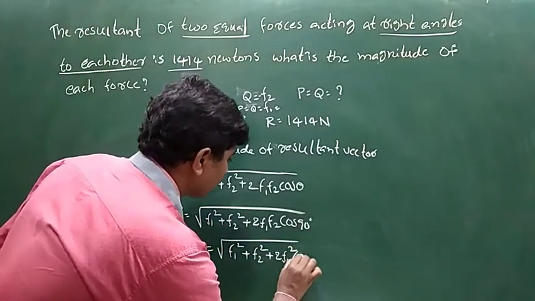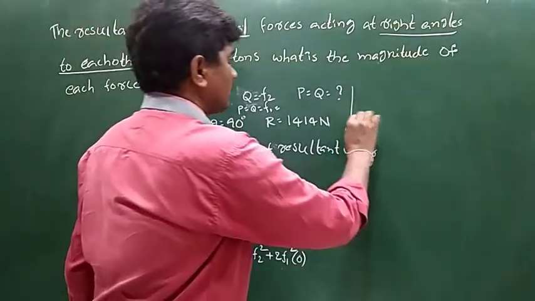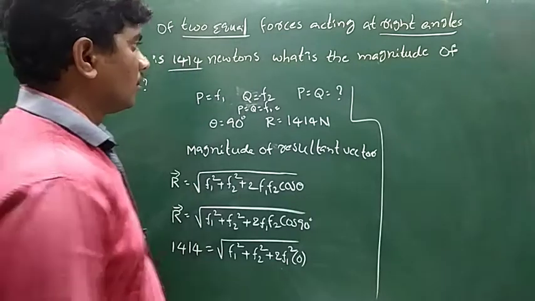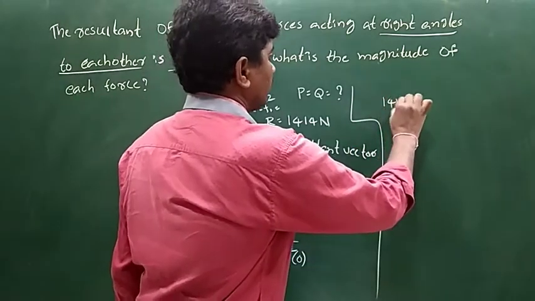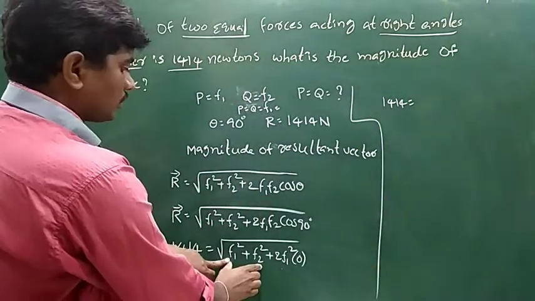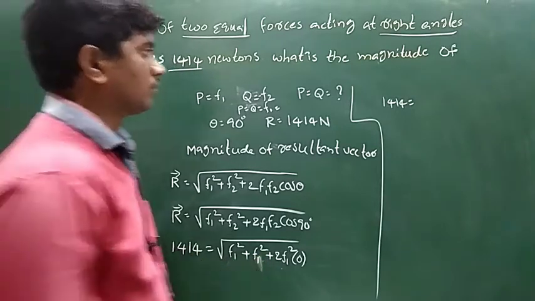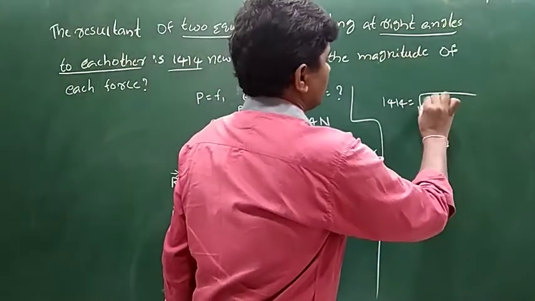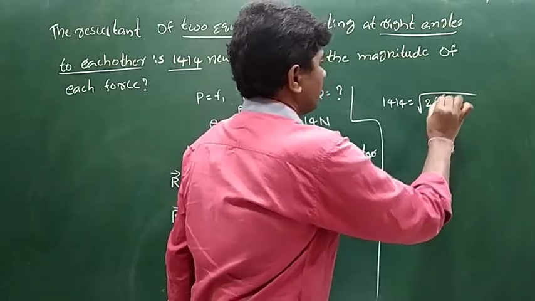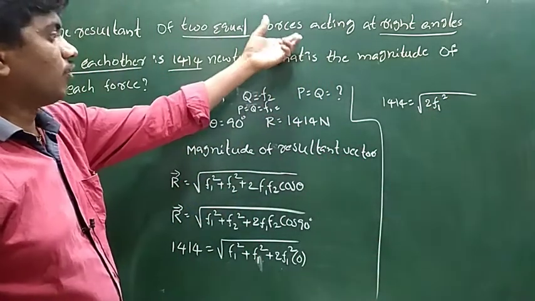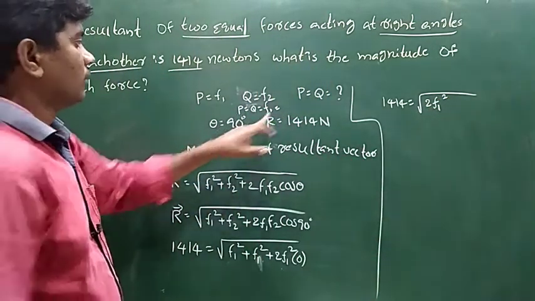So 1414 equals the square root of 2 F1 squared, since the two equal forces have F1 equal to F2.